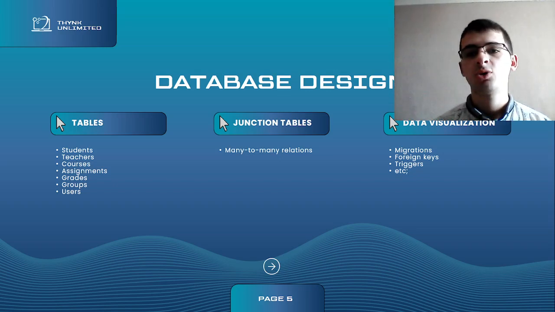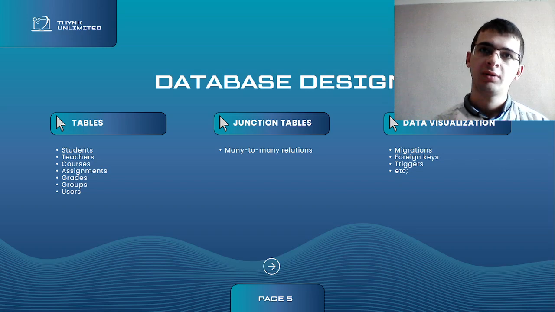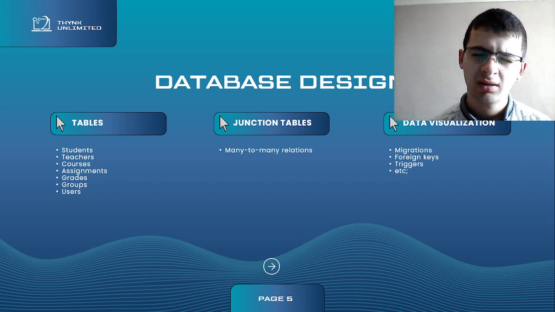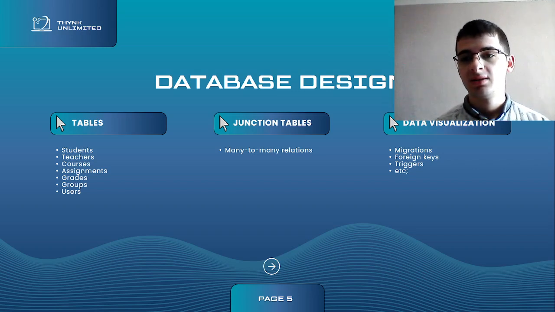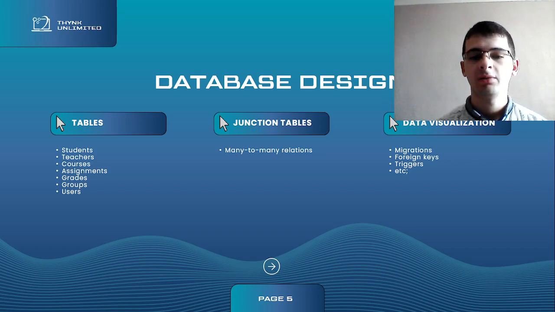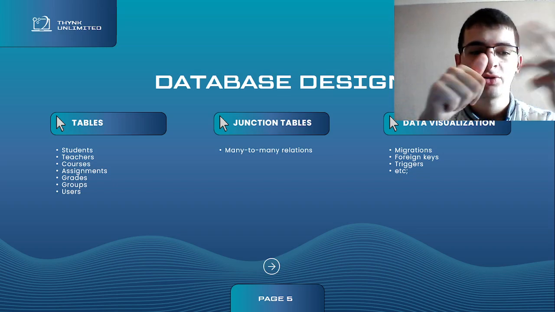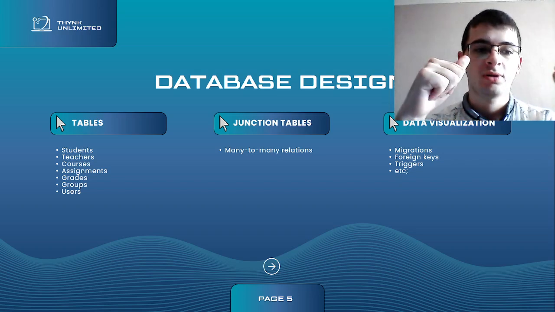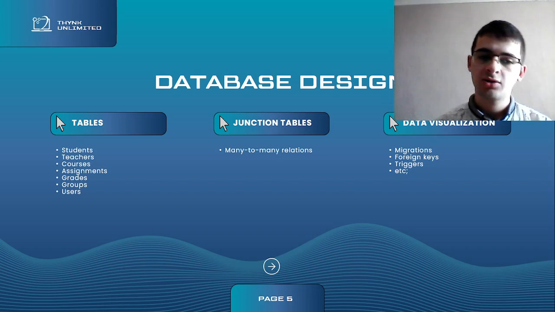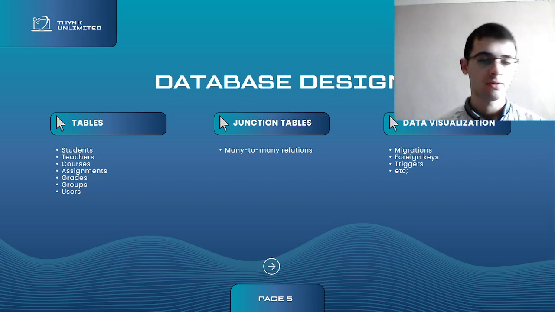The biggest portion of the tables in the database were junction tables, because this system had lots of many-to-many relations: students-teachers, students-courses, student assignments, student grades, student groups, and then teachers' courses, teachers' assignments, and so on.